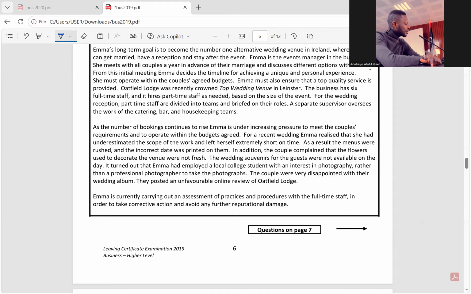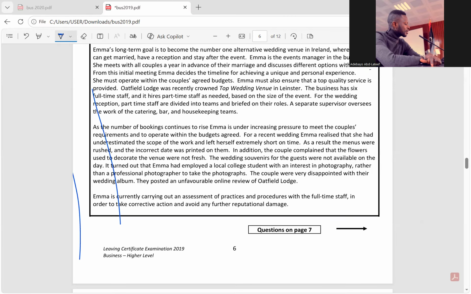She does wedding packages, but the recent wedding package she did was beyond the expectation of the clients. So there was a negative review of the company, and that could damage the reputation of the business. But she's making amendments to that. We call it damage control. So when you make amendments on your mistakes, we call it damage control. Put that in your mind, please.